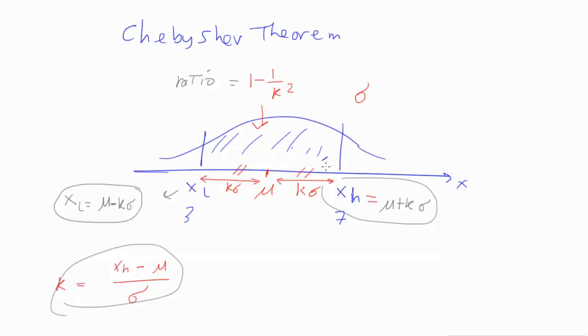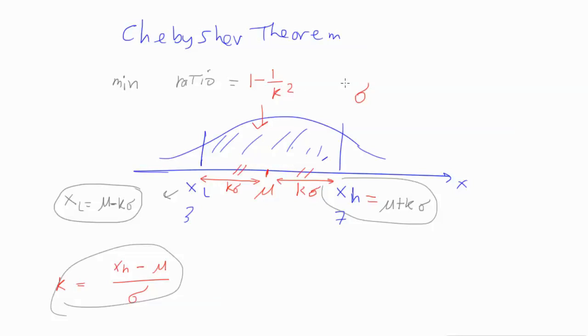The ratio of the data between the lower value and the upper value is 1 minus 1 over k squared. Another limitation of the theorem is that it's actually the minimum ratio. Chebyshev doesn't know this amount exactly. He knows that this amount is at least 1 minus 1 over k squared. This is the minimum it could be. For example, suppose I calculated and found 30 students out of 40, which is 3 over 4. This is the minimum ratio.